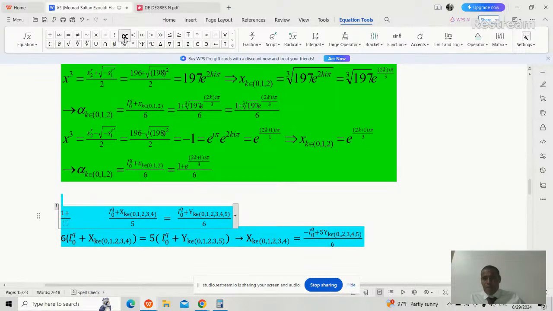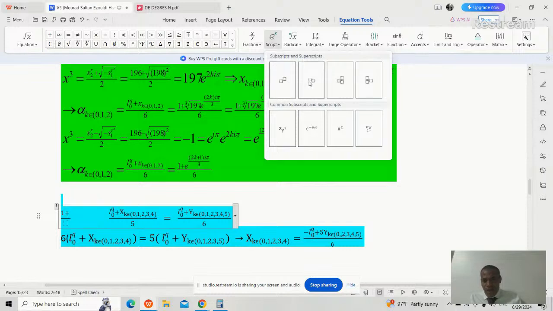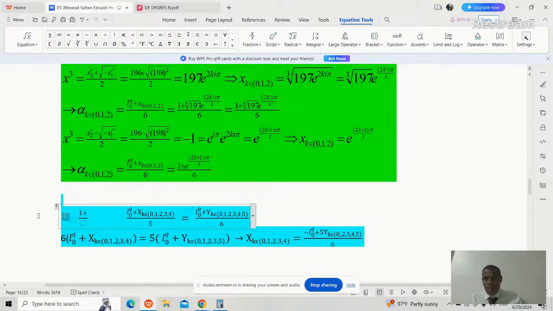I will write alpha k. K belongs to where? In parentheses, 0 and 2, because the power 5 equals 1 plus this, divided by 6.